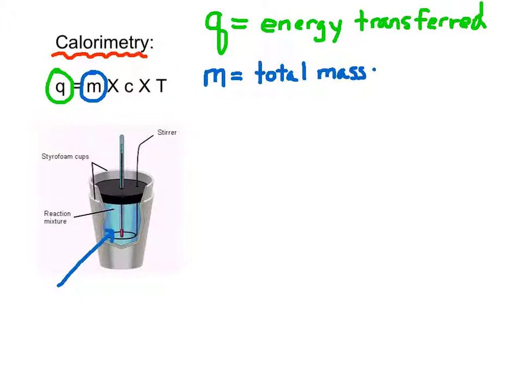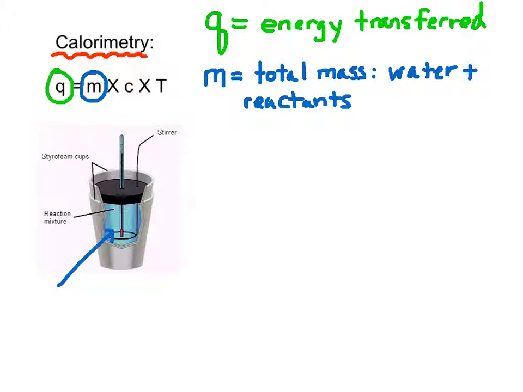So let's say total mass of water plus, let's call it reactants, just so it's clear what we mean. That shouldn't be too hard. Watch your significant digits when you're doing the adding.